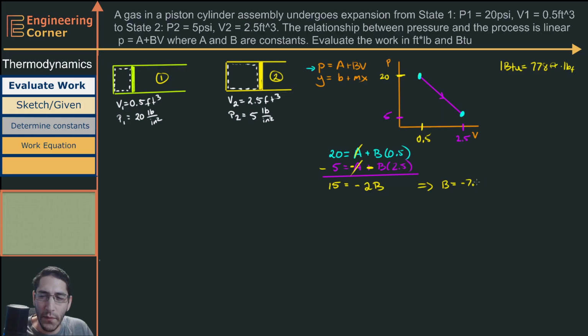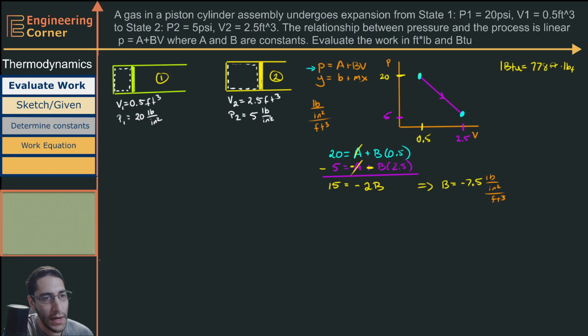We just have to be careful with the units. This is a pressure, psi, divided by a cubic foot, so the unit is pounds per inch squared over cubic feet. I could clean that up if I wanted to, but I really don't care right now. I just care that the units are correct.